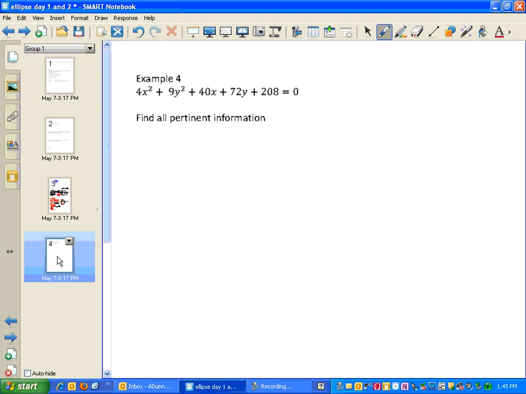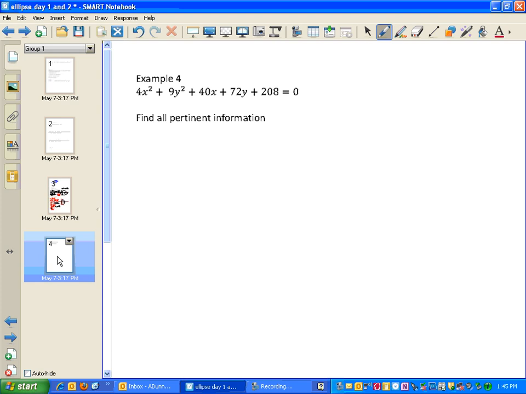Okay, you're right. It's not in standard form. By just even looking at this, though, we know that this is an ellipse. How do I know that? These coefficients are not the same. Therefore, it's not a circle. It's an ellipse. Okay?